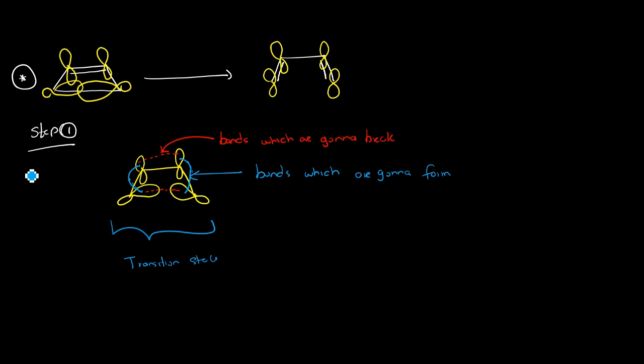So the first step of our process to determine in which pathway this particular pericyclic reaction undergoes, we have to draw the transition state. We call these orbitals, which are interacting with our bonds, a basis set of orbitals.